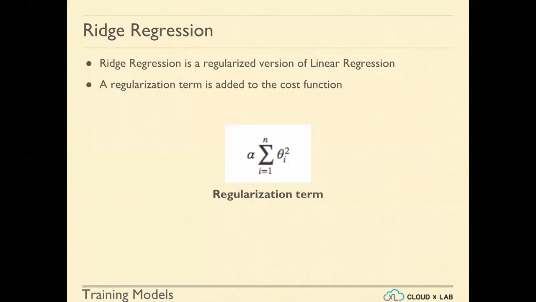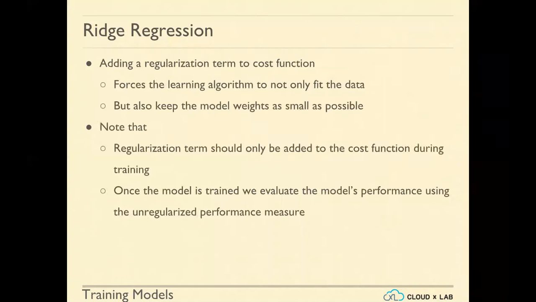In ridge regression, we essentially force the weights to stay small, and we do it mathematically by introducing this particular term. Adding a regularization term to the cost function forces the learning algorithm to not only fit the data but also keep the model weights as small as possible.